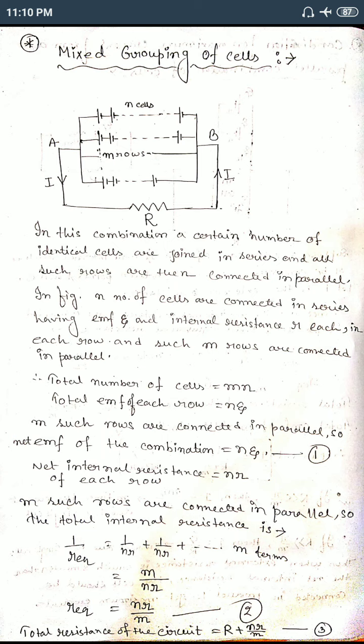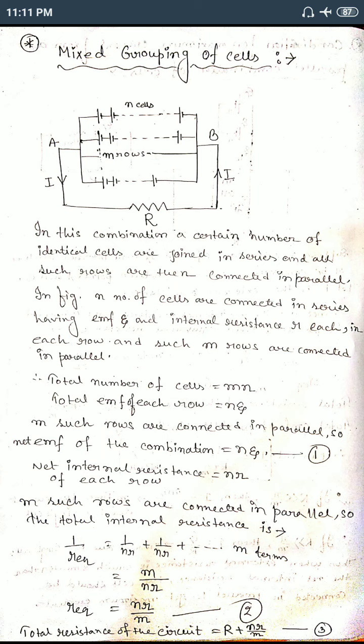So if n cells are there in each of m rows, the total number of cells is m into n. Now in each row, total EMF is nE: first row nE, second row nE, third row nE. Because in parallel combination each row has the same two common points, the EMF across each row will be the same, that is n into E.